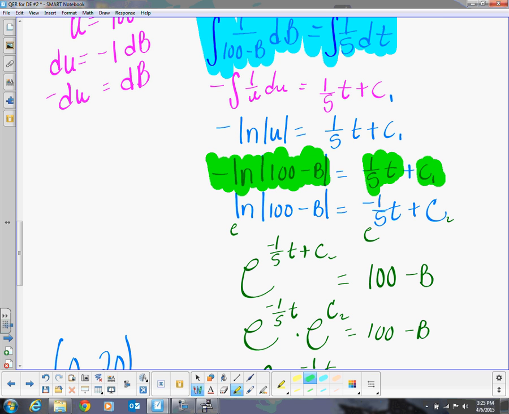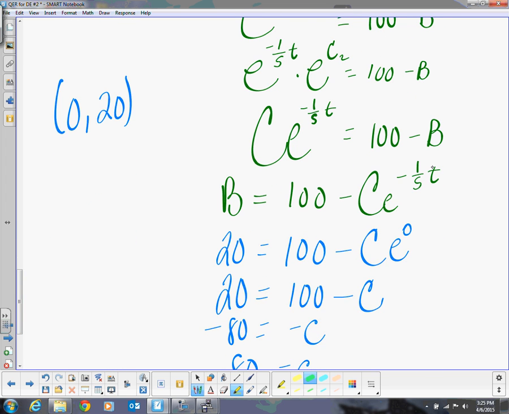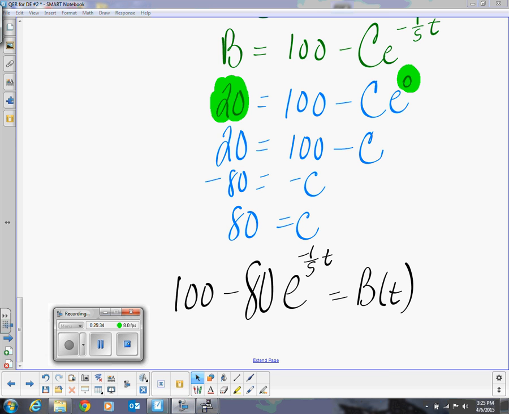Your c sub 1 is 1 point. Substituting in, and this is what is really amazing, substituting 0 for t and 20 for b, whether you get the rest of c correct or not, just because you substituted, you get a point. And then getting the final equation is your last point. So that was worth 5. So that is our differential equation question exploration routine.